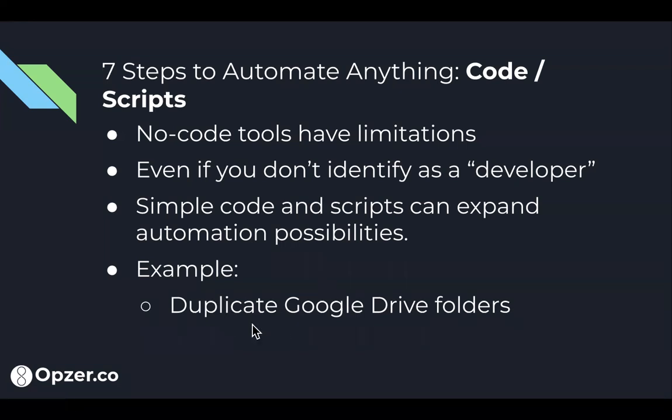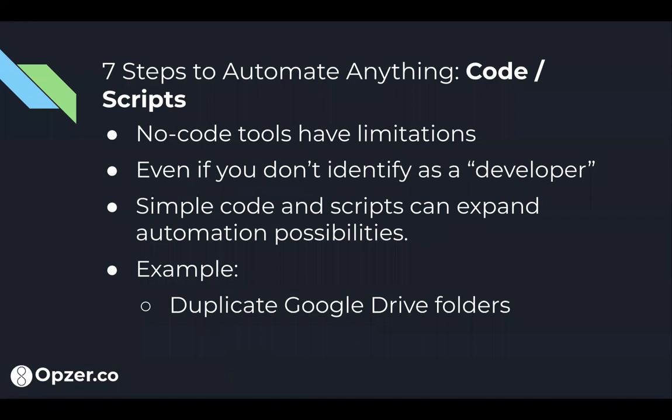One example I recall, from one of the first projects where I had to use code, was to duplicate certain Google Drive folders. By default, you can't duplicate a folder with Zapier with any of the options we've discussed to this point.